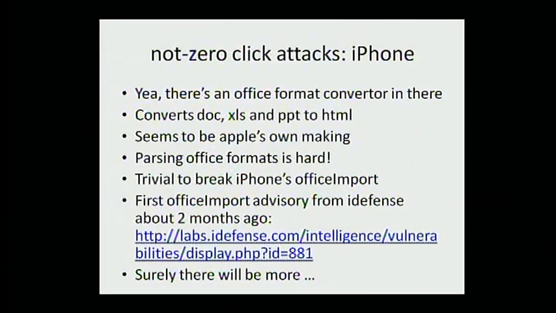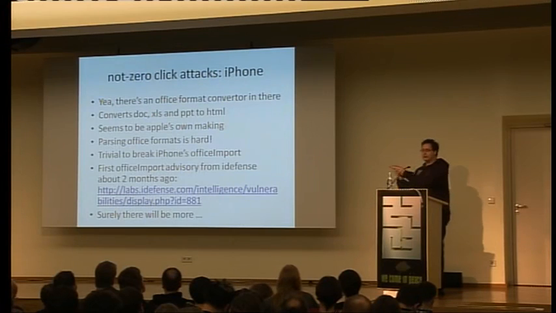But let's talk about the Office ones, because Office is a very, very complex file format, and it's very hard to parse, and nobody can do it correctly. And obviously that would include Apple. Basically, it's a parser, but they don't render or interpret it as Office documents in the sense that they convert it. So they take your Office whatever and they convert it to HTML.